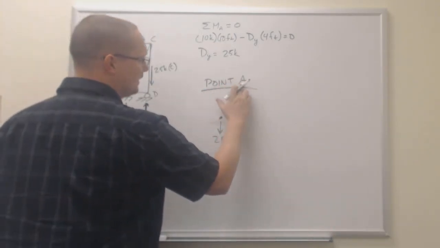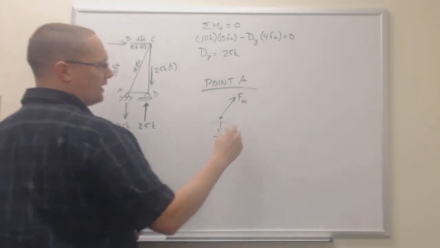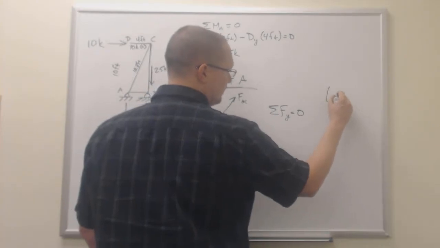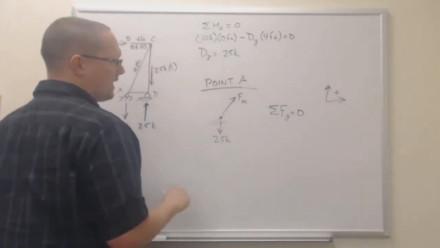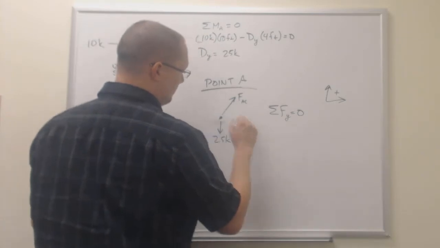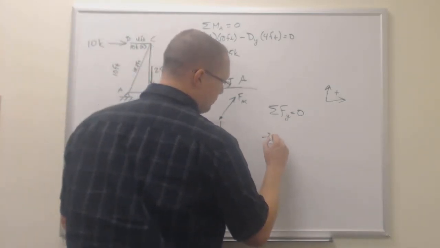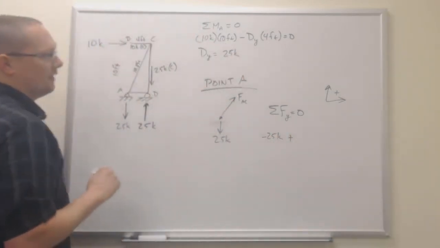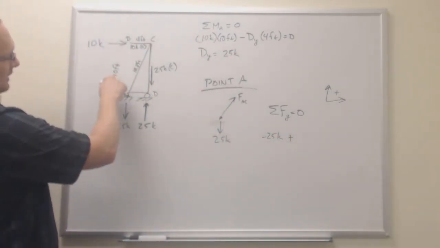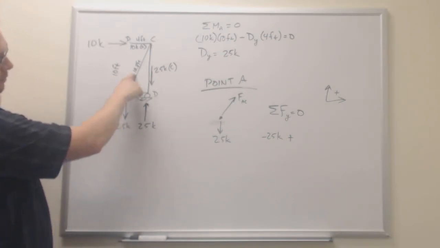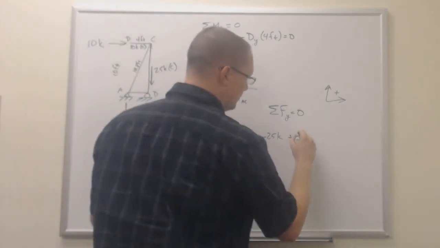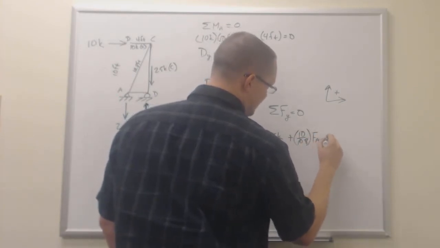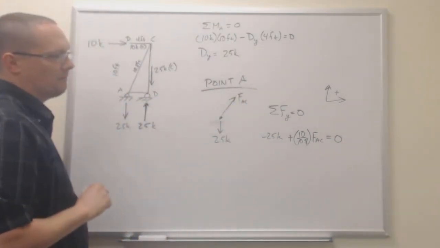Now, if we sum all of our forces in our y direction, assuming up and to the right is positive, then we know that negative 25 kips from our reaction at A plus the vertical component of FAC, which will be 10 feet divided by 10.8, the length of that diagonal, times FAC is going to be equal to 0.